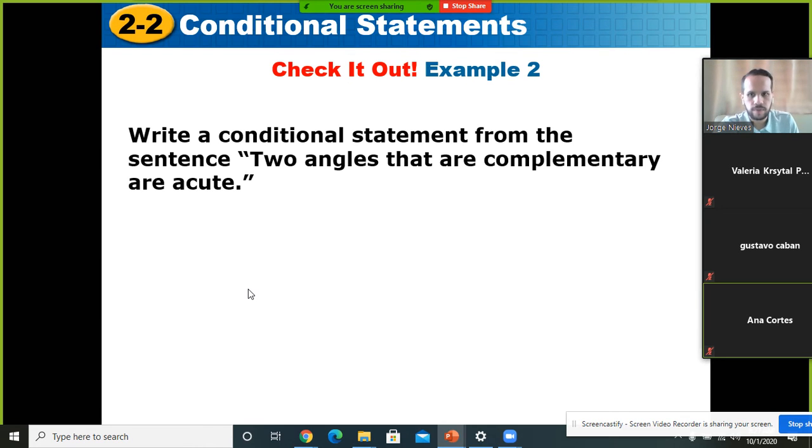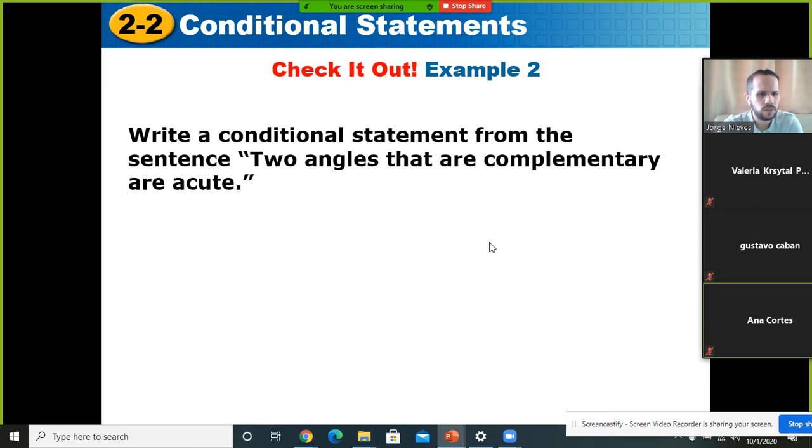Let's write a conditional statement from the sentence: Two angles that are complementary are acute. Reviewing, complementary angles means the sum of the two angles is 90 degrees. And when we talk about an acute angle, what was the measure of an acute angle? Can someone remember from your last test?